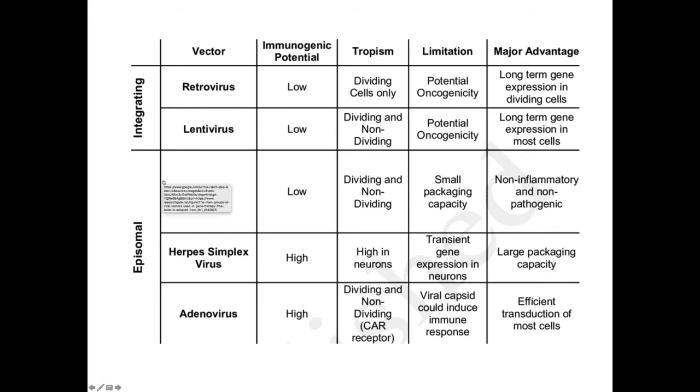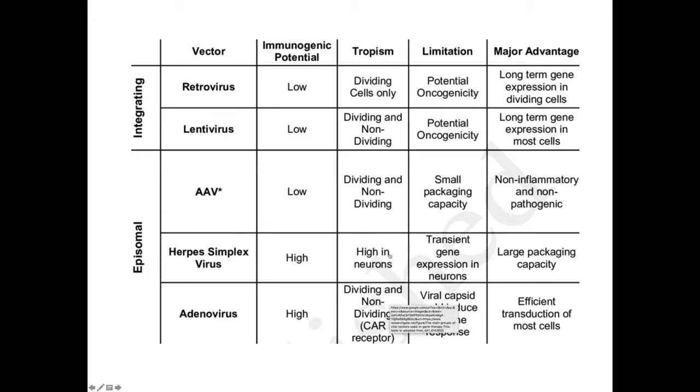Now, episomal approaches, which are non-integrating, can be mediated with AAV vectors. People have proposed herpes vectors or adenovirus vectors. AAV vectors have low immunogenicity potential, but the herpes viruses and the adenoviruses have a high chance of inducing a strong immune response that could be harmful. They go into different cells.